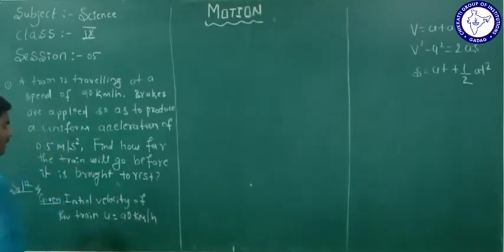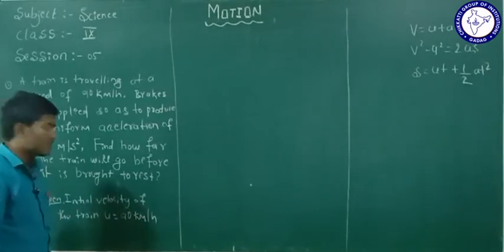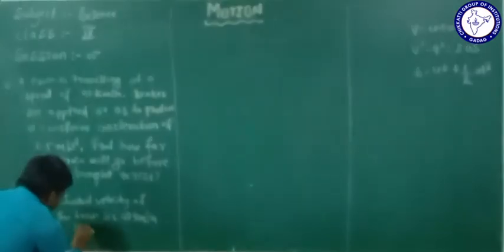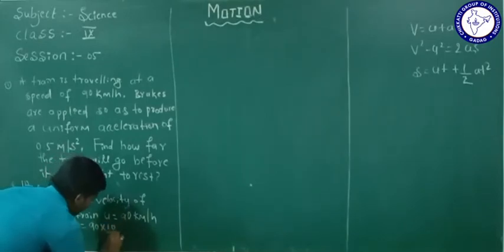The given data is in terms of kilometer per hour. We have to convert it into meter per second by multiplying by 10 by 36.